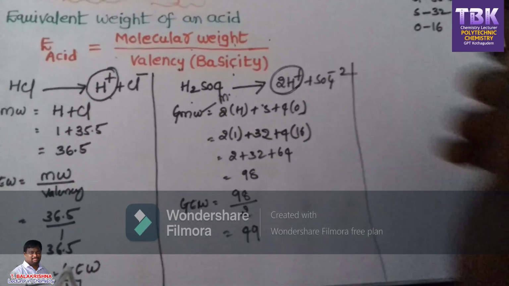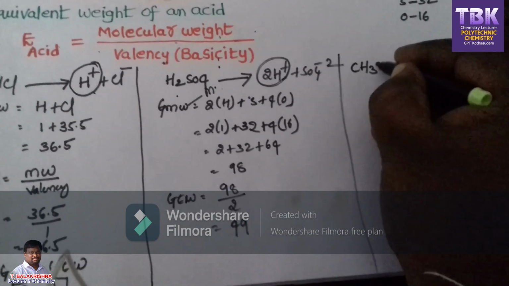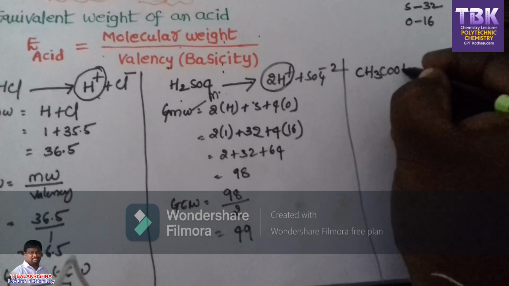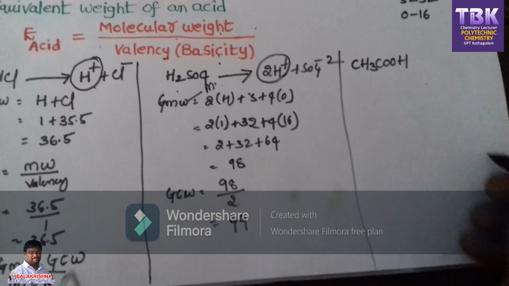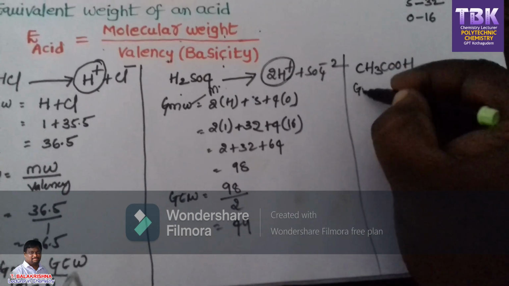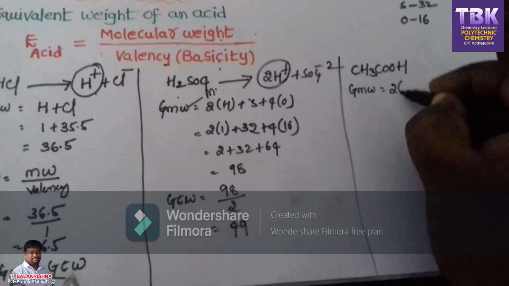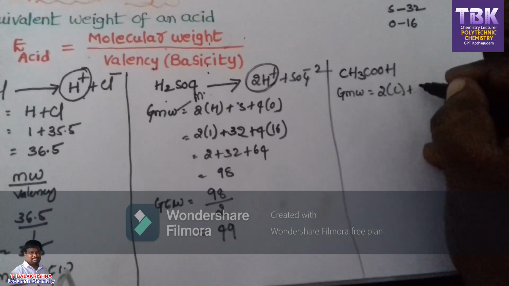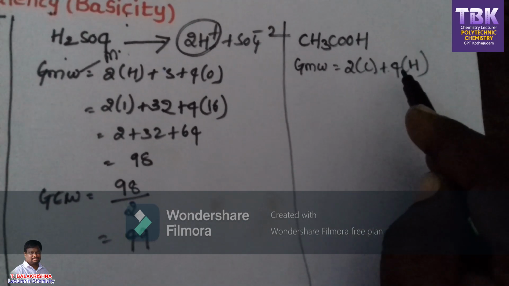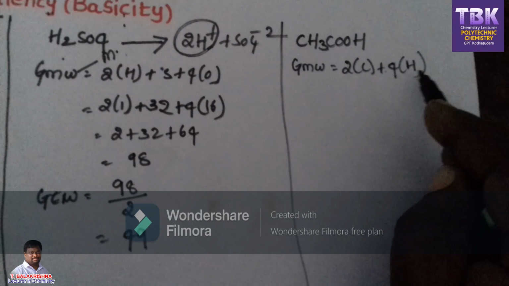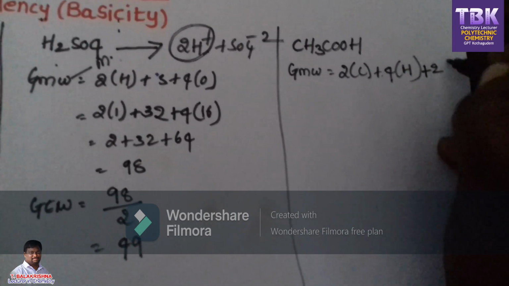We take another example, acetic acid, CH3COOH. It is an acid. If you want to find out the gram equivalent weight of acetic acid, first you find out the gram molecular weight. It has two carbons, 4 hydrogens, plus 2 oxygens.